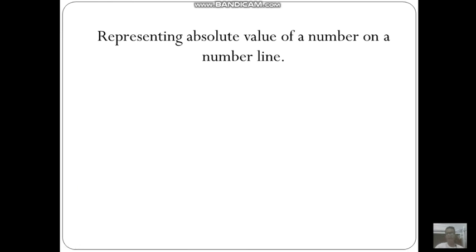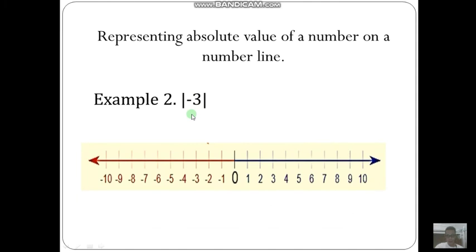Alright? Then another, the absolute value of negative 3. This time, our value is negative. So let us represent this value on a number line in order for us to know the absolute value of negative 3. So this is the indicated value, negative 3. Then from 0, that is 3 units. 1, 2, 3.